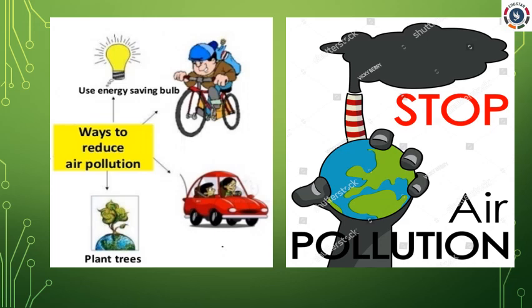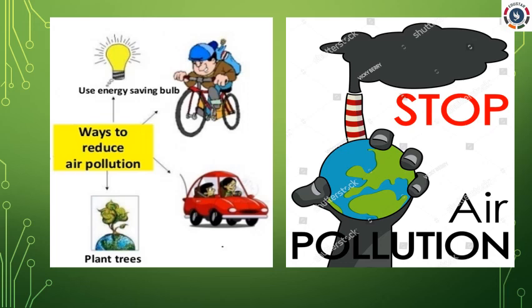By cutting down forests to build houses and factories, we have damaged the environment. Factories should be situated outside the city, away from the residential areas. Pollution controlling equipment should be used in factories to control emission of harmful gases in the air.